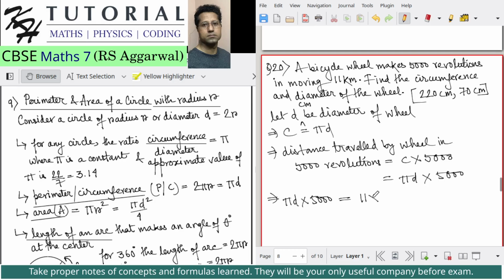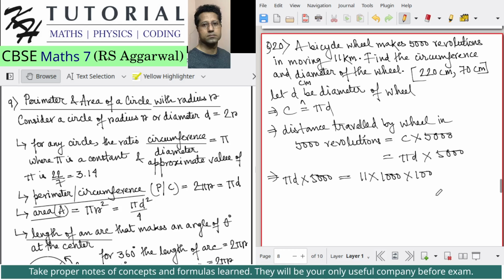Now 11 kilometer means 11 multiplied by 1000, this much meter, and then multiplied by 100, this much centimeter. So now we will have d is equal to 11 multiplied by 1000 multiplied by 100 divided by pi multiplied by 5000.